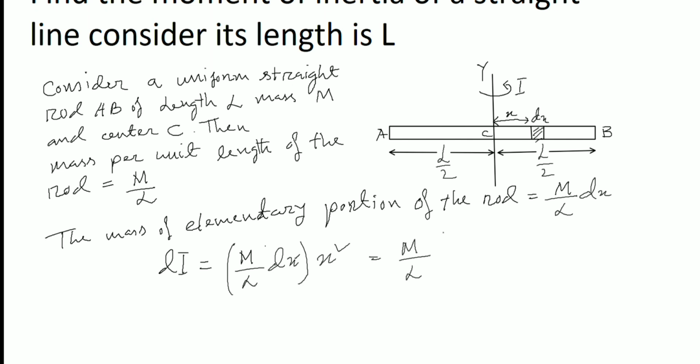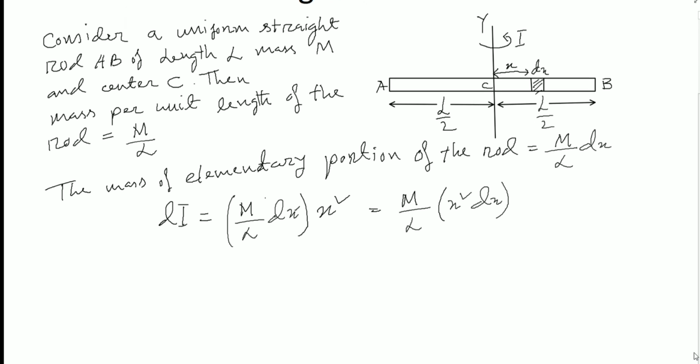So it is mass of elementary portion, M by L into dx, and distance from the axis y dash. So y dash is x, so x square, distance of the y dash whole square. So I get the value M by L x square dx.